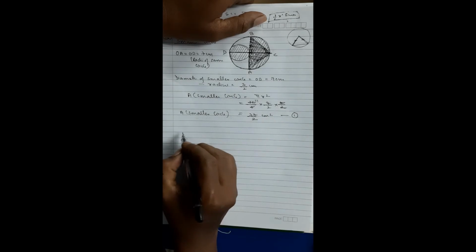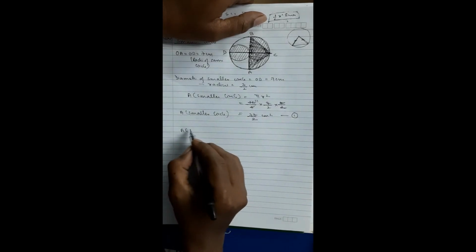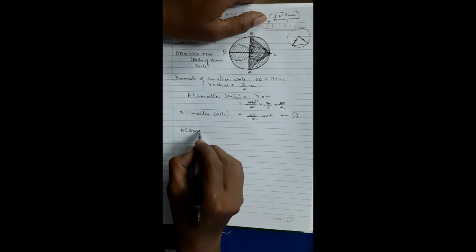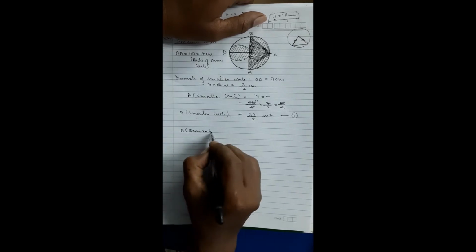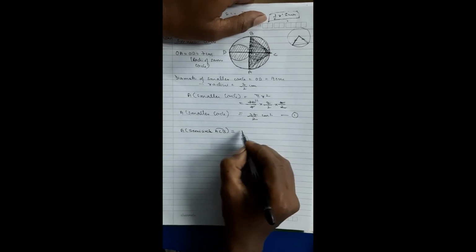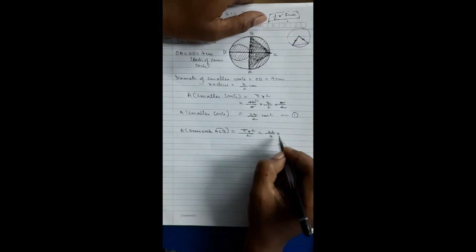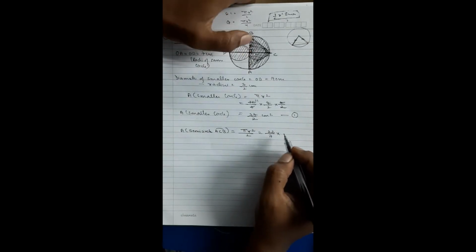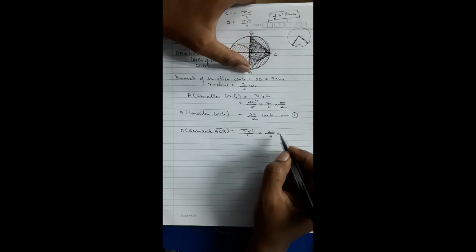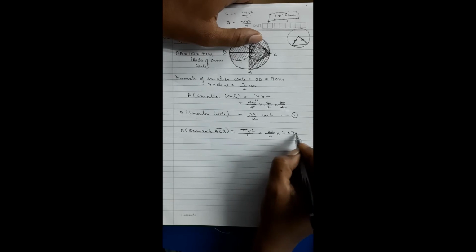So here, area of semicircle ACB is equal to pi r square upon 2, that will be 22 upon 7, r is going to be OA, 7 into 7.